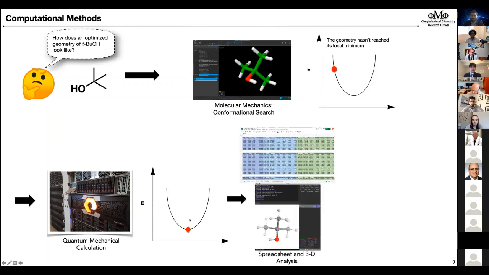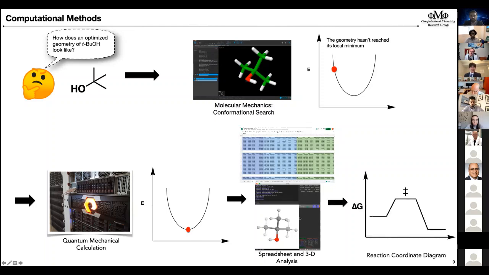After that, we can extract thermochemical values like delta G and delta H, as well as optimized geometries of those conformational isomers. These were the steps for obtaining ground states. Obtaining transition states is similar, but just a bit more complicated. But after computing transition states and ground states, we can obtain their thermochemical values and construct a reaction coordinate diagram to probe their thermodynamics and kinetics.